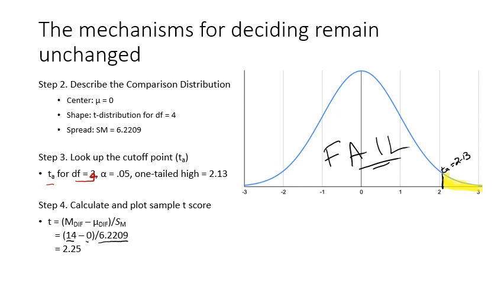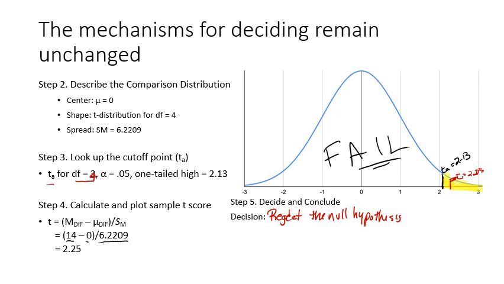Our t-score of 2.25, if we plot it, has to be further out than 2.13 because it's bigger. So it's going to be right about here. T equals 2.25. Because it falls into the reject region, we make the decision to reject the null hypothesis.